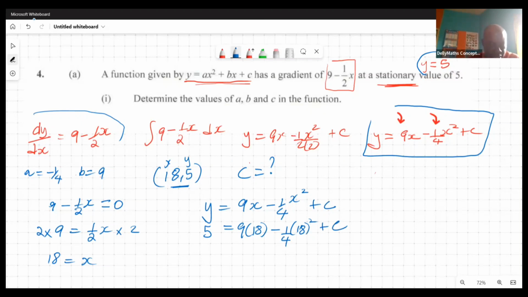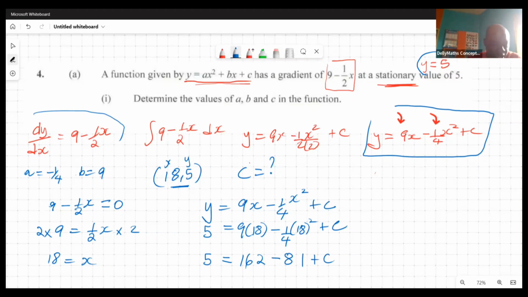Let's take our time. 9 times 18, so let me rewrite this. 5 is equal to 162, minus 18 squared divided by 4, which gives 81, so minus 81, with a plus c.